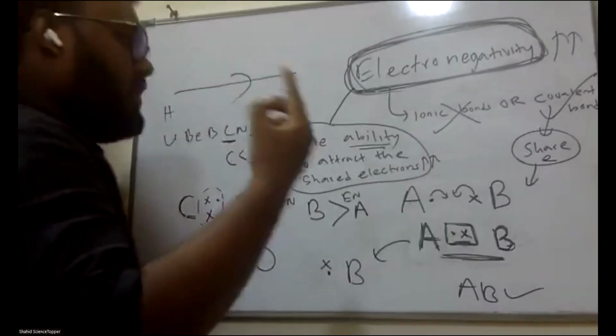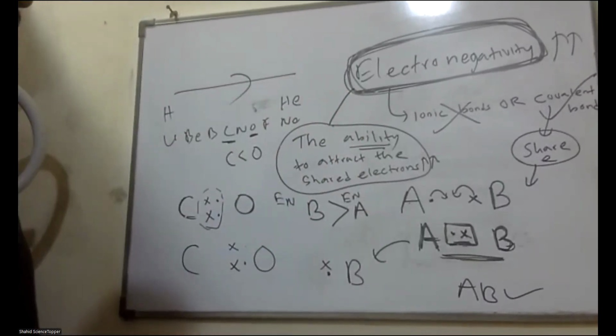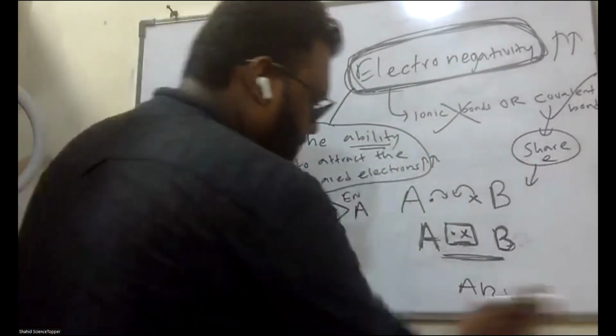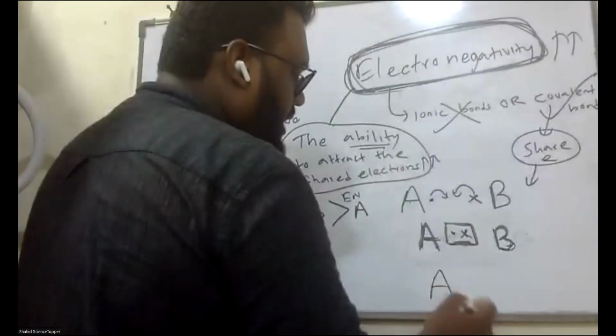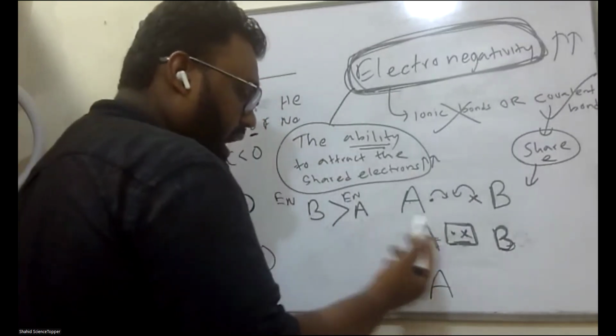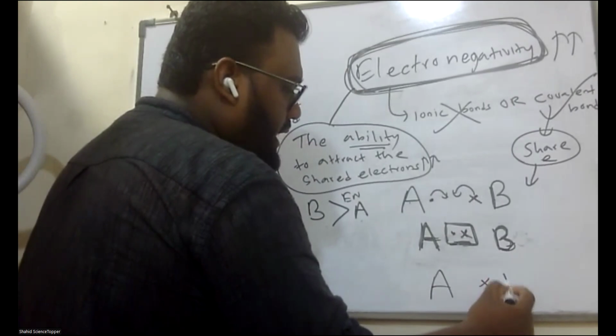There is only one more thing we need to discuss on this electronegativity. That is simple. Now tell me, Regine, in this example, I told you B has more electronegativity than A, so that pair will be close to B, right?